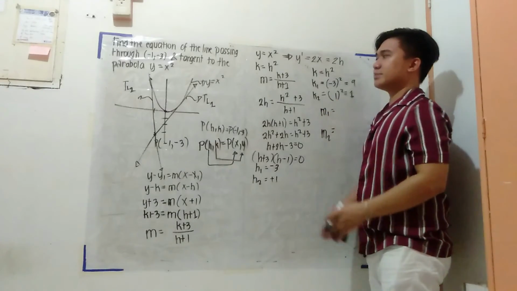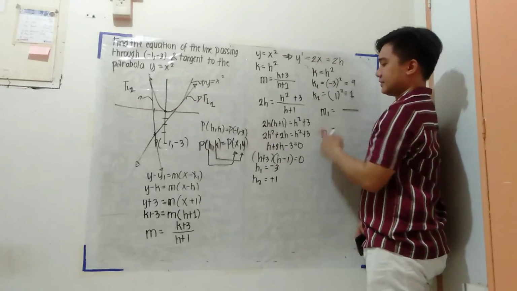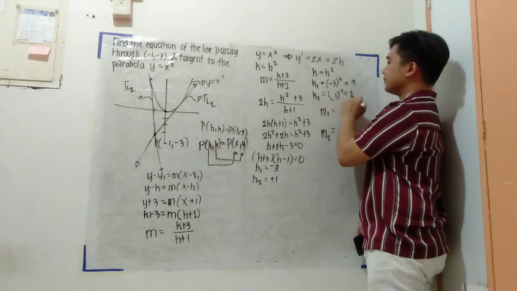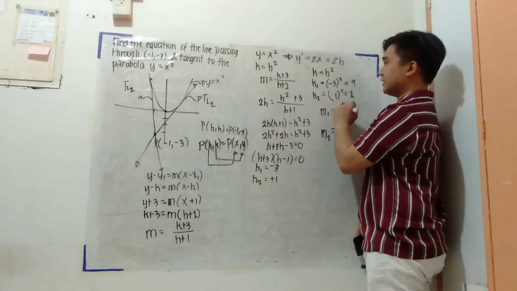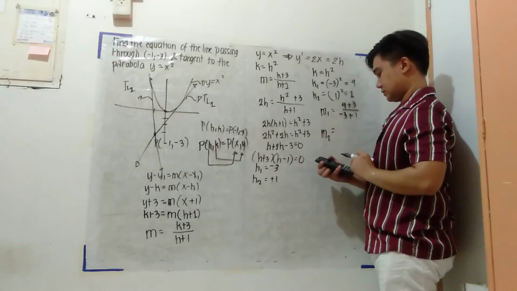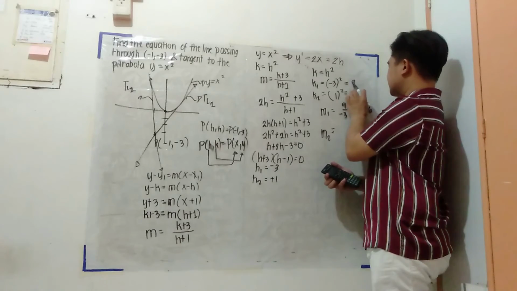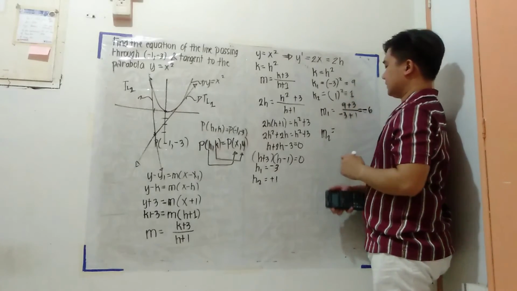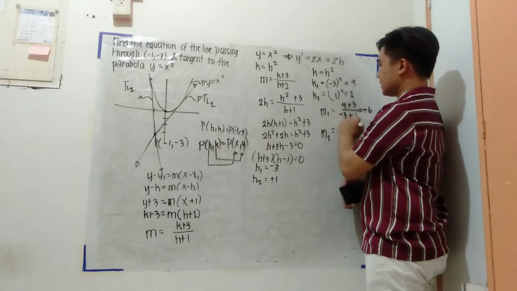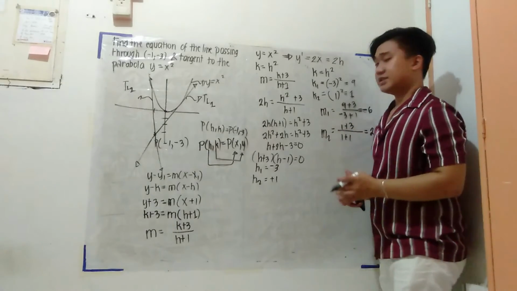Kasi may dalawa din tayong posibleng values ng h and k. So, m1, so k plus 3 all over h plus 1. So, 9 plus 3 all over negative 3 plus 1. So, this is equal to negative 6. Next, k plus 3, so 1 plus 3 all over 1 plus 1. This is equal to positive 2.